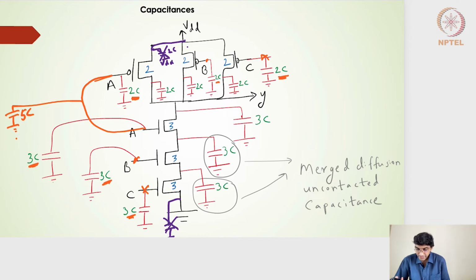Now let's try to understand the diffusion capacitances, or the parasitic capacitances, in this particular circuit. On the PMOS side, there will be two diffusion capacitances for the transistor A here. One is a non-switching capacitance, so we are not going to worry about it.